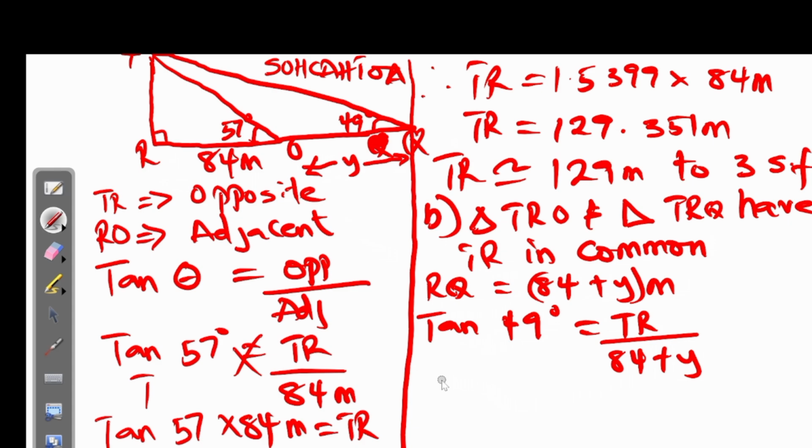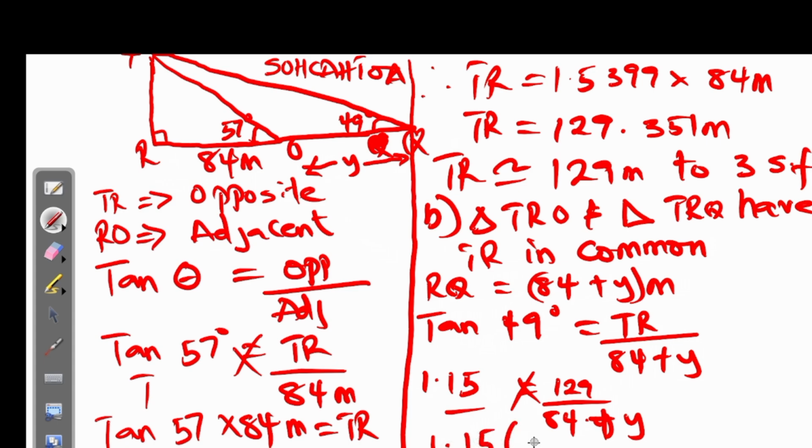Tan 49 is 1.15, equal to 129 over 84 plus y. I cross multiply: 1.15 into 84 plus y is equal to 129.